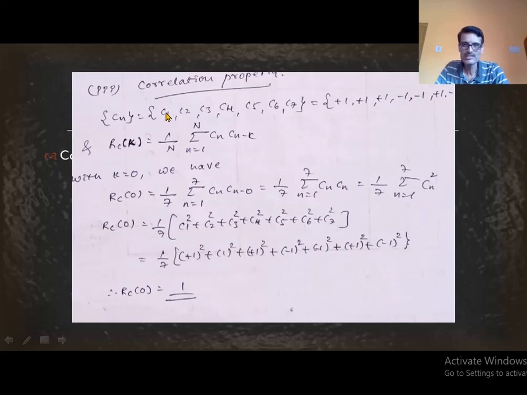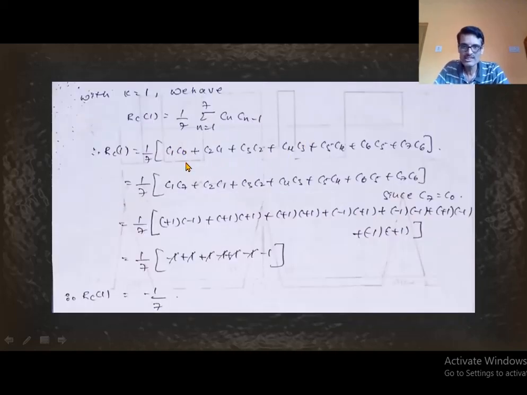I don't have any C0, C1 to C7 only, but this is periodic. The previous bit to this is nothing but C7. So C0 is C7. What is C7? C7 is minus 1, correct? Because it is periodic. C7 is minus 1 because my last bit is 0. So just multiply this, add this, it cancels, and we get a minus 1 by 7.